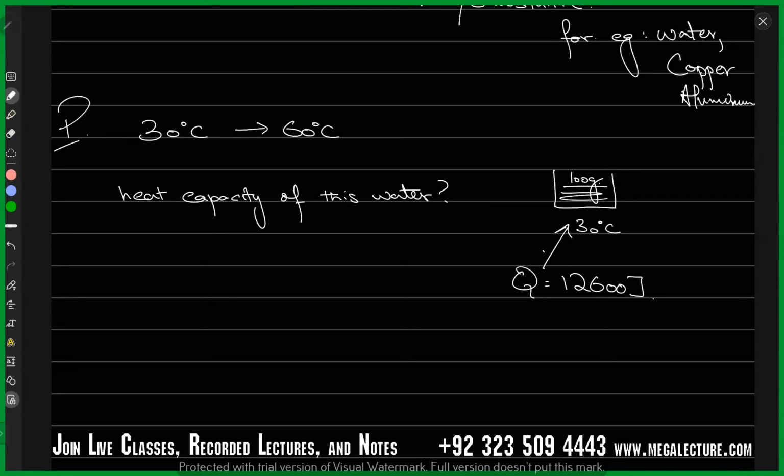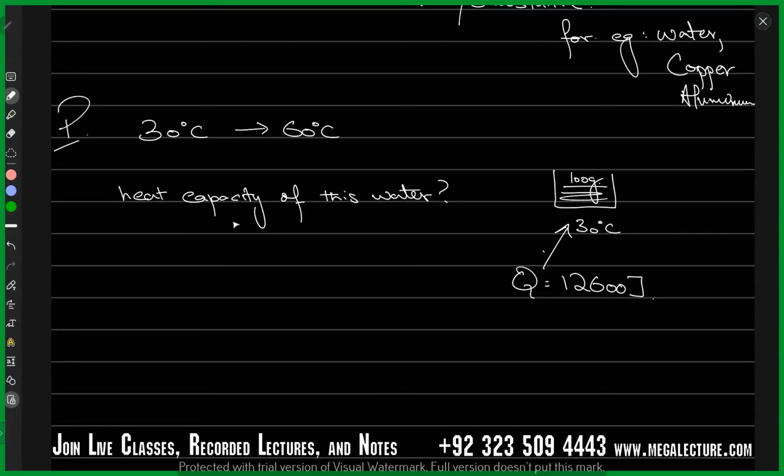We're supplying it some heat energy, and that heat energy is capable of raising the temperature from 30 to 60 degrees Celsius. We need to figure out the amount of heat energy required to raise the temperature by 1 degree Celsius. 420. All right, and how did you compute this?